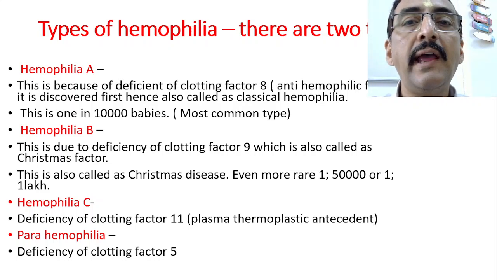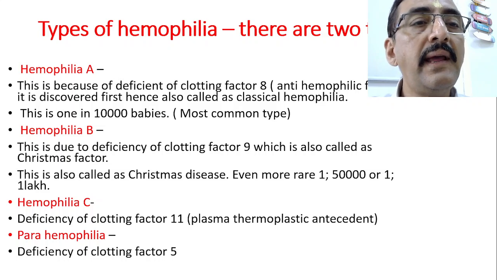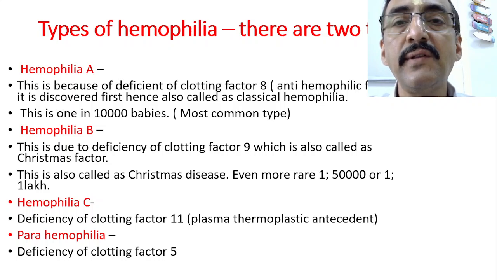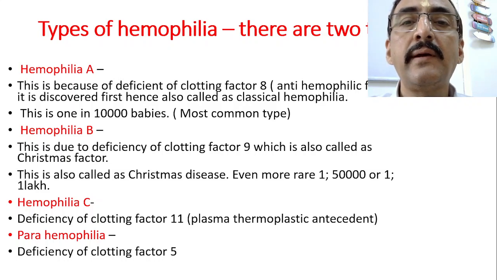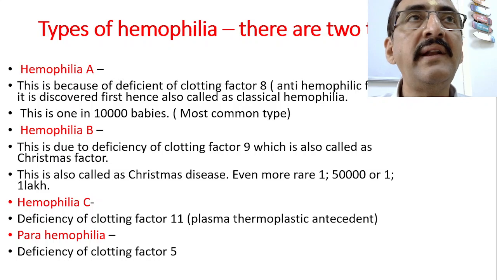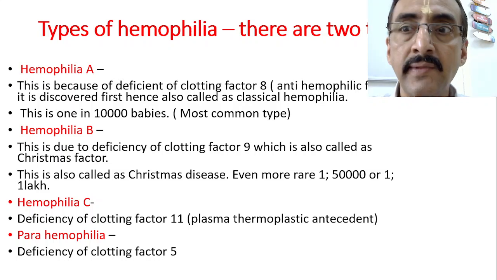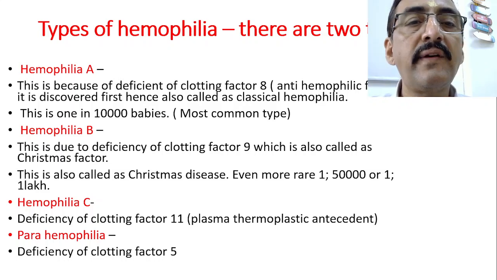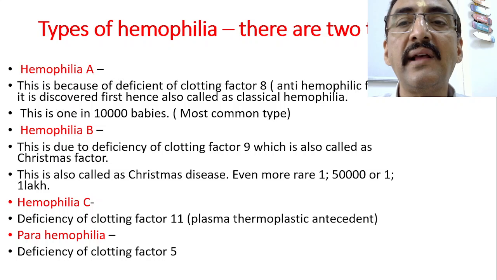Now hemophilia A is because of the deficiency of clotting factor number 8. Clotting factor 8 is also called anti-hemophilic factor, and it was discovered first, hence it is also called classical hemophilia.